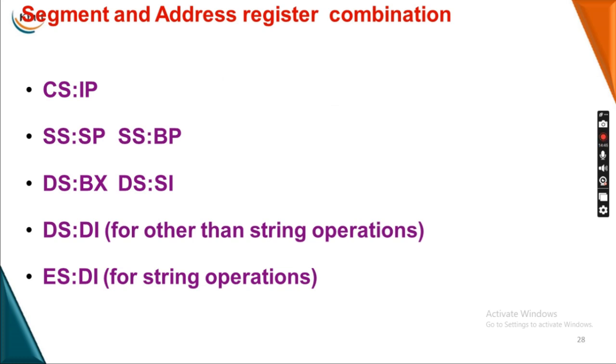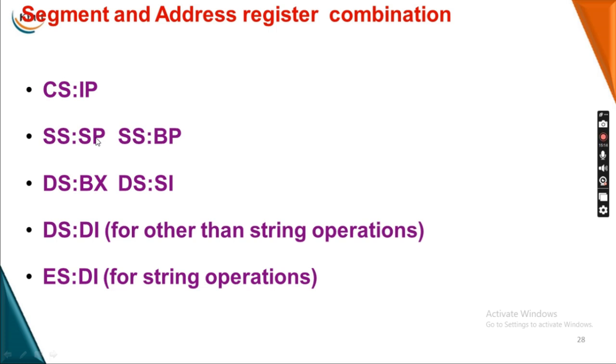Now coming to the respective segment address and its respective offset address. For the code segment, we have a register which stores the offset address of the instructions stored in the code segment. Coming to the stack segment, we have two: stack pointer and base pointer.